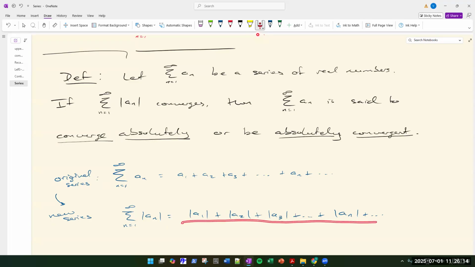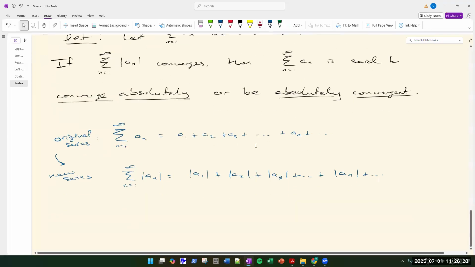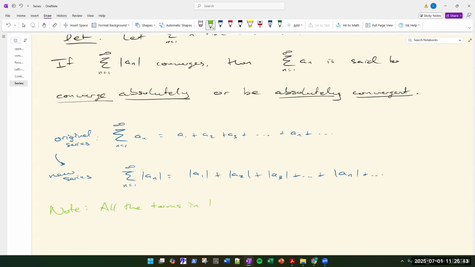Regardless of what the ANs were in the original series, all of the terms in this new series are bigger than or equal to zero. Note: all the terms in this new series are bigger than or equal to zero.